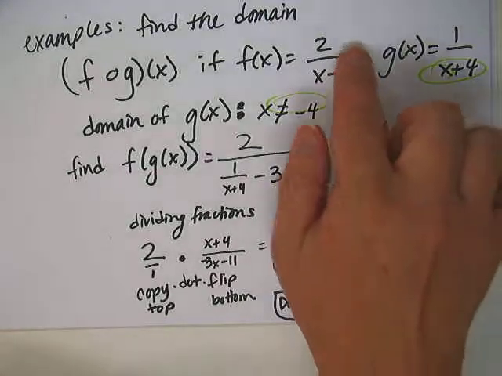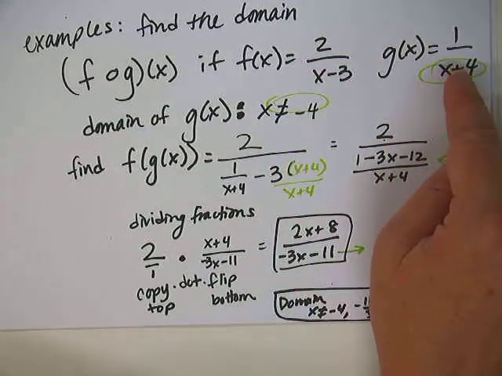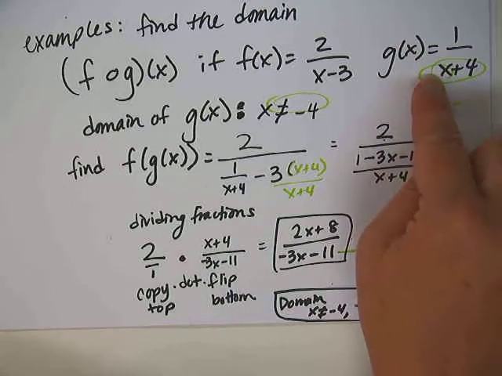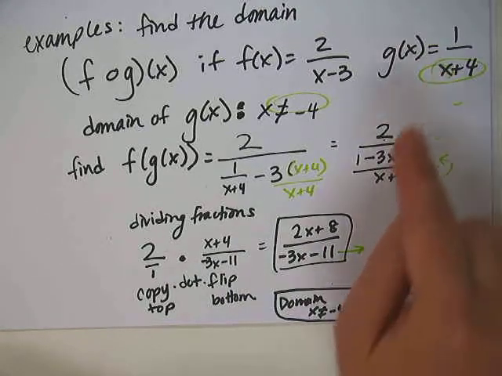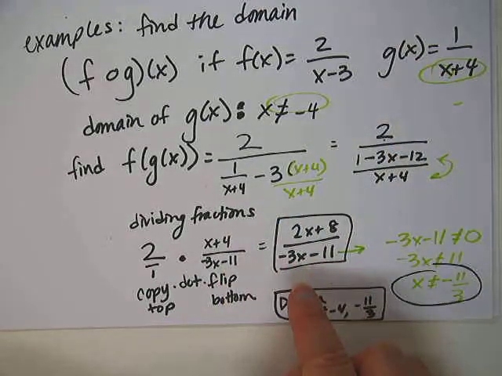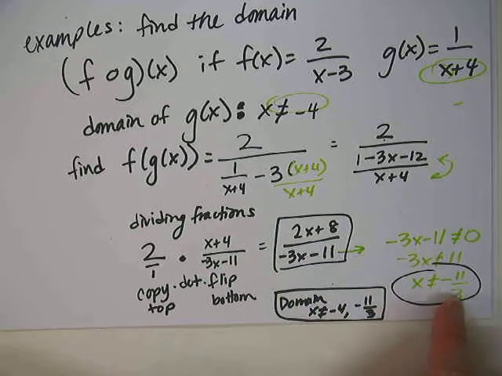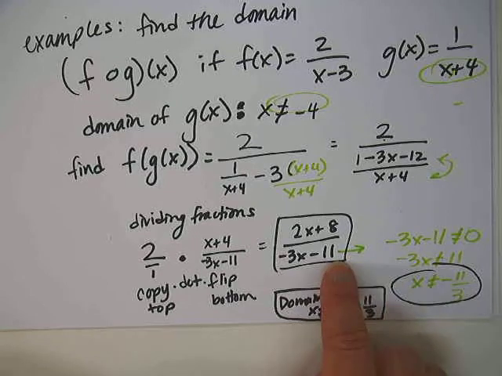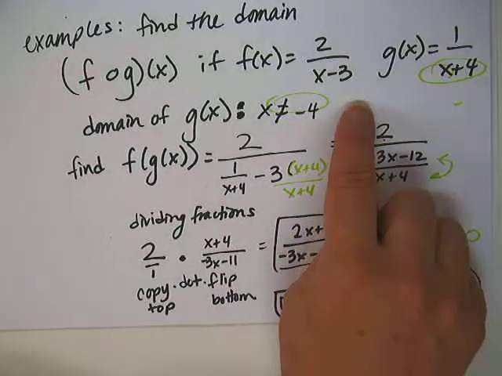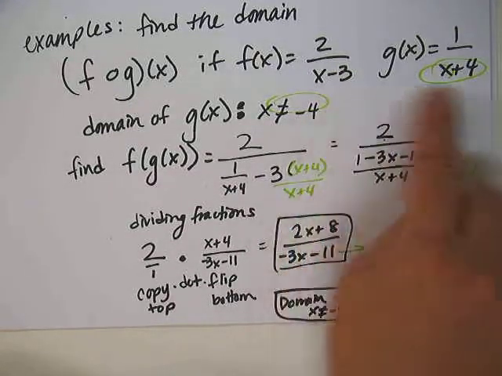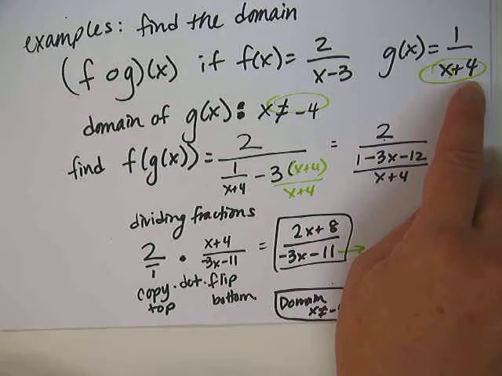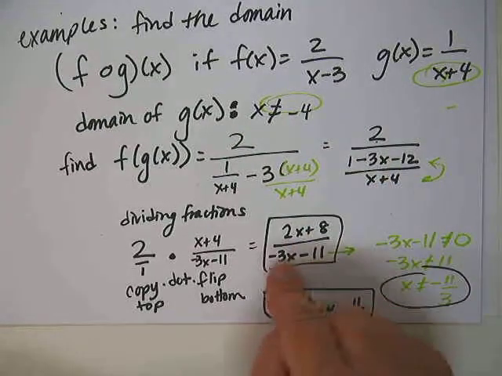But notice how we didn't care about the fact that we can't plug a 3 into f of x, because that does not affect our overall problem. We're never actually doing this. To begin with, we have to deal with this, so we can't plug in negative 4. And then later, after we've combined the functions together, it just so happens that this makes it undefined when it's all said and done.